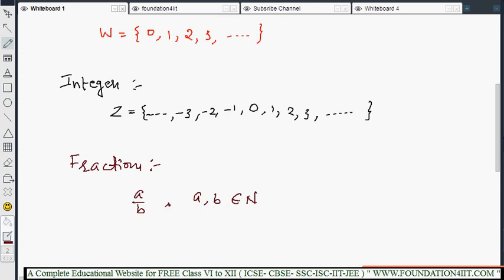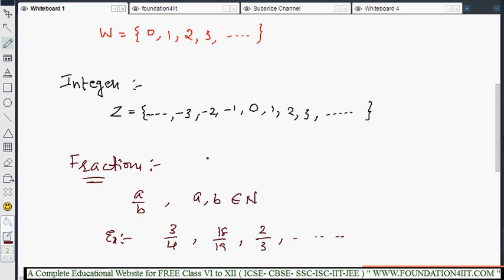A and b should both be from natural numbers. For example, 3 by 4, 18 by 19, 2 by 3. These are all nothing but fractions. They are in a by b form, that is numerator by denominator.